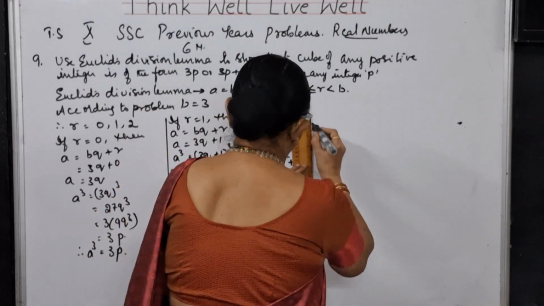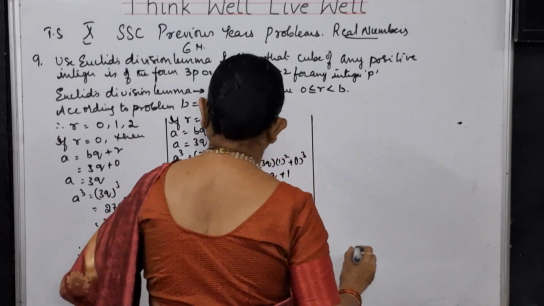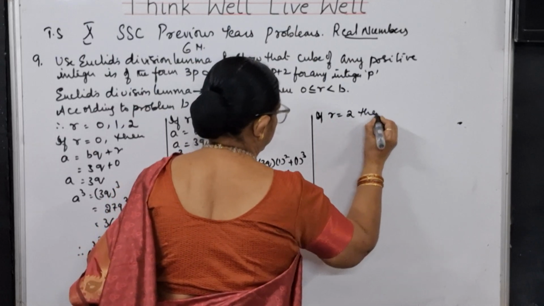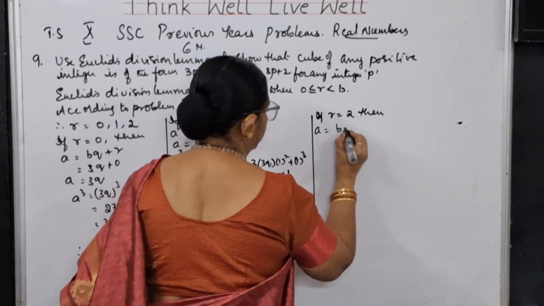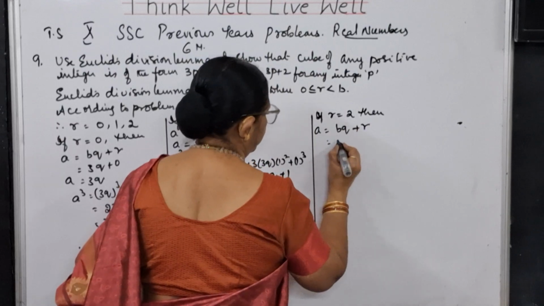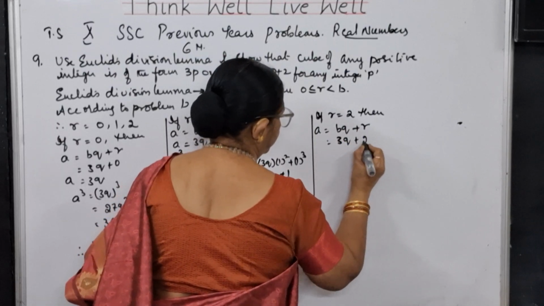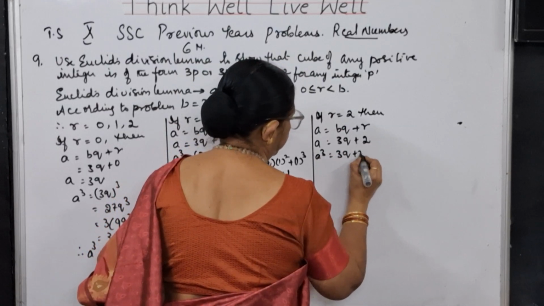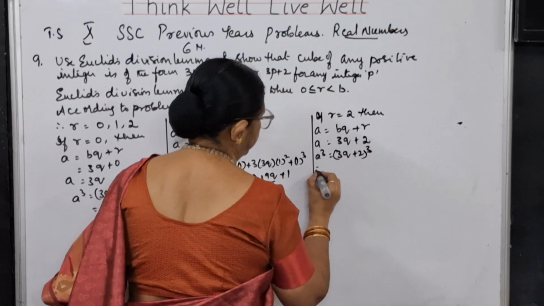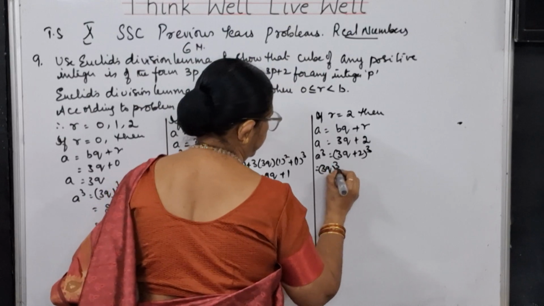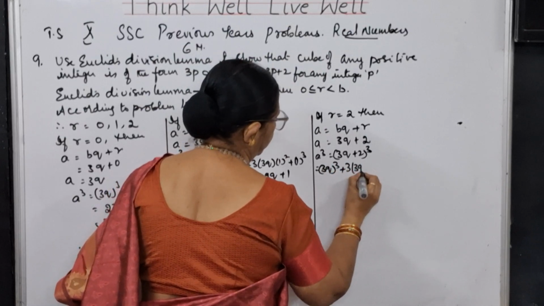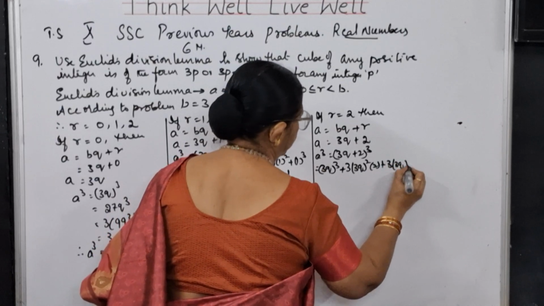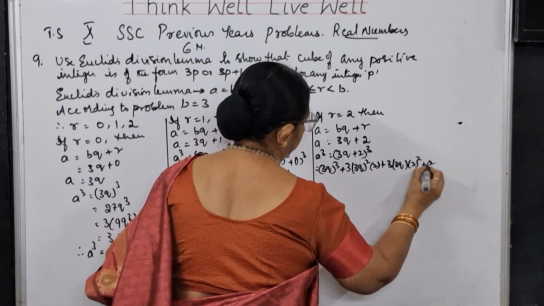Now, if r is equal to 2, then a is equal to bq plus r, that is 3q plus 2. So what is a cube? 3q plus 2 whole cube. That means a cube plus 3 into a square into b plus 3 into a into b square plus b cube.